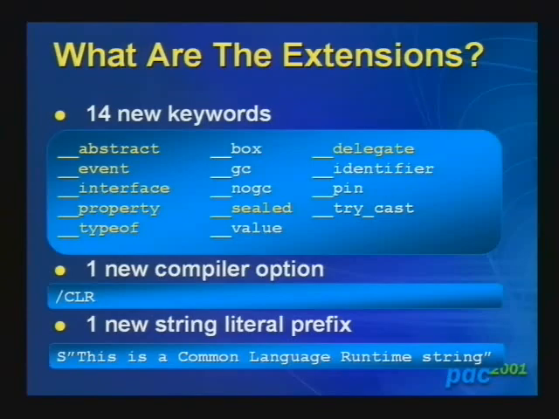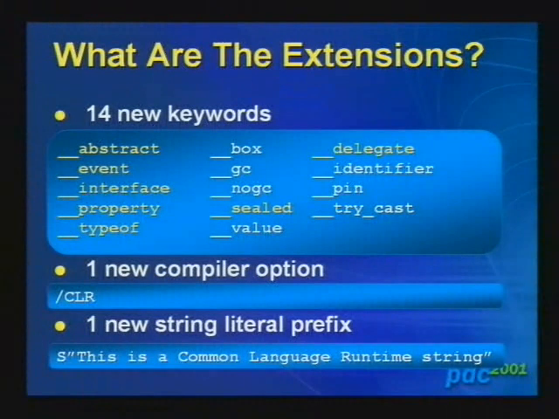And the first I already mentioned, which is the GC keyword, which you use to attribute a class definition, saying that this class is not a class with C++ object model semantics, but it's a class with .NET CLR object model semantics. It will be allocated on the GC heap. It will be garbage collected in a non-deterministic fashion, and it obeys all the semantics of the CLR object model.